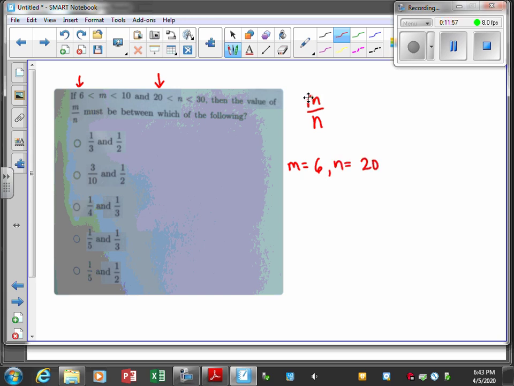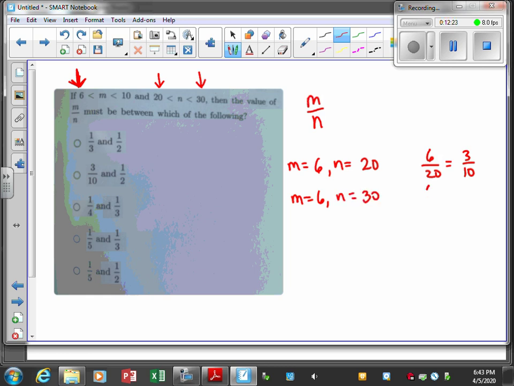Then I would have m divided by n, which is just going to be, reduce that, divide by 2, 3/10, right? The next term is, what about when m is 6, but this time n is 30.